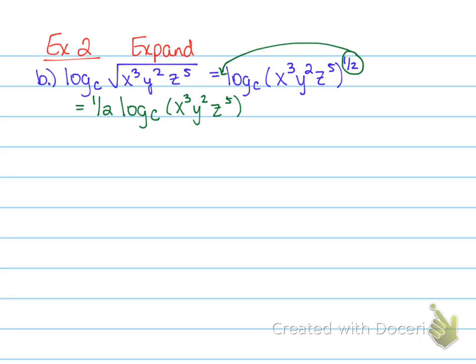And now we can separate those three things being multiplied, because we know that when we multiply, we can separate by using addition. But this 1/2 now goes with everything behind it. So I'm going to use a parenthesis here. So I'm going to have log base C of the first. It's being multiplied, so plus log base C of what was second. And it's being multiplied, so plus log base C of the third.